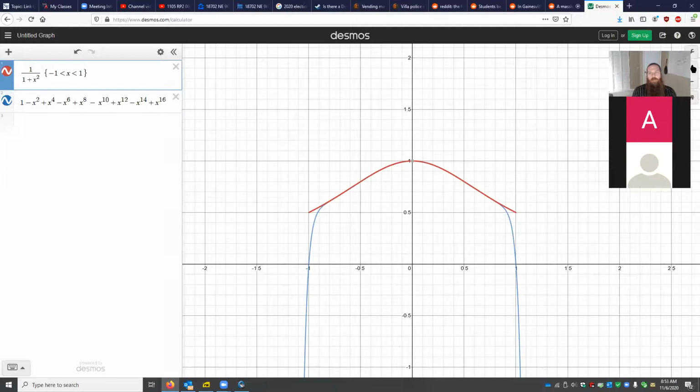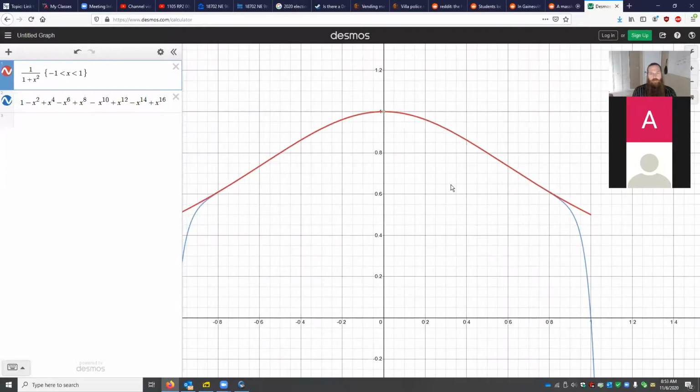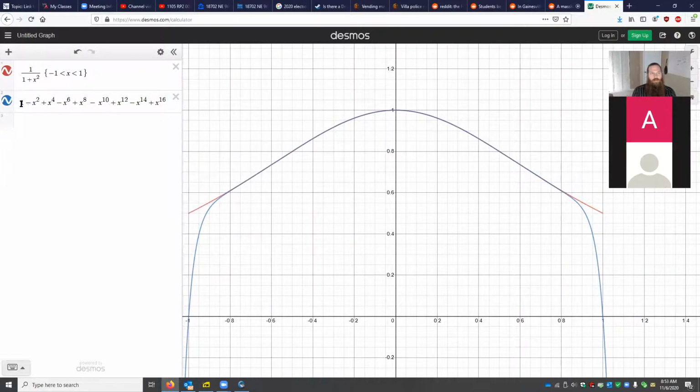What kind of function is the red function? What sort of symmetry do you see in the red function? Anybody?